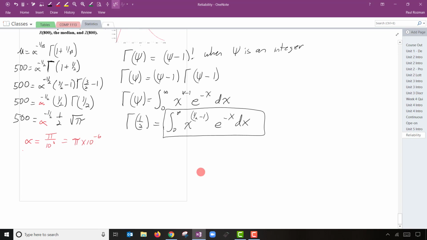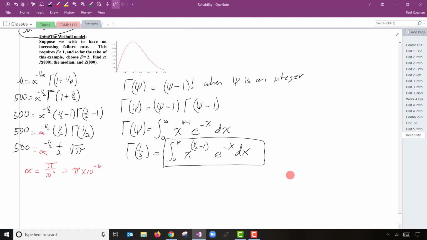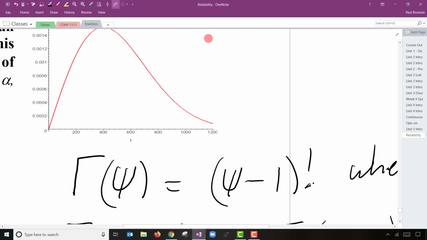Now we know, through all that, what alpha is. So now we can attack our Weibull problem. Remember what we're trying to do here. We're trying to find the probability of being greater than 800. So we're looking for this area.